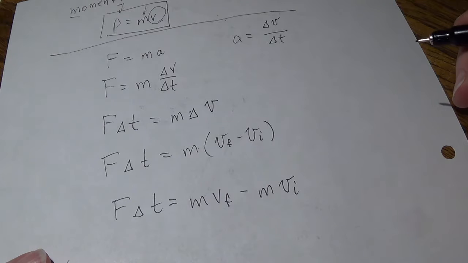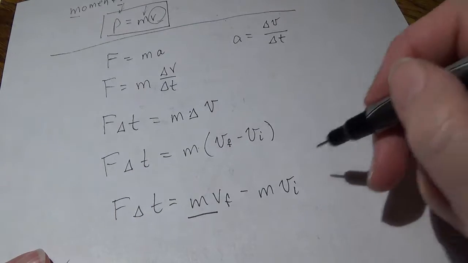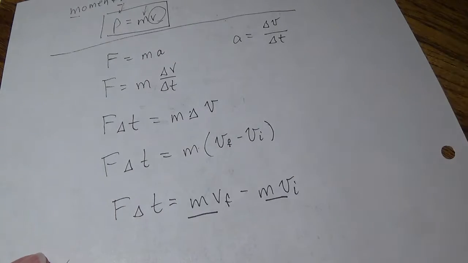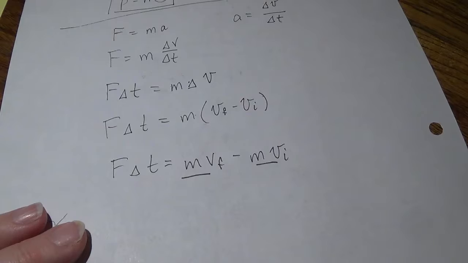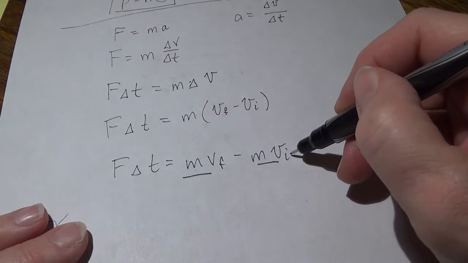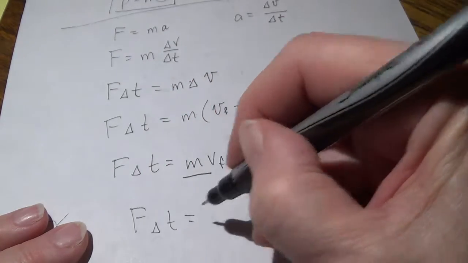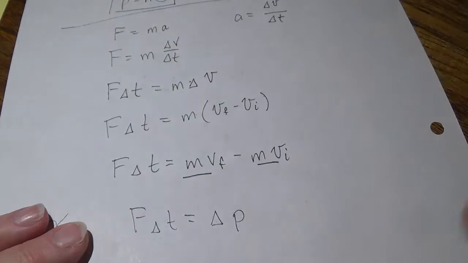Alright. And at this point, I recognize that I have an mv here and an mv here, and that is momentum. So we have a final momentum minus an initial momentum, so we can call it change in momentum.